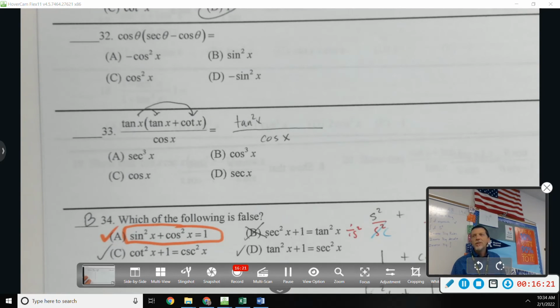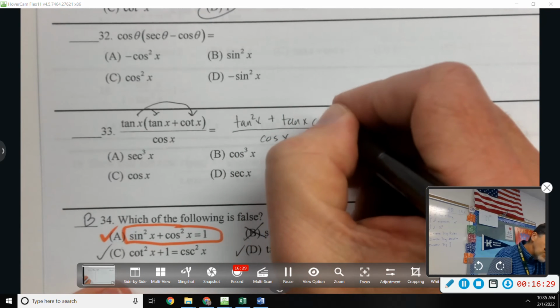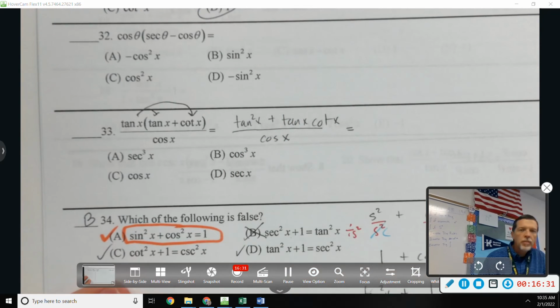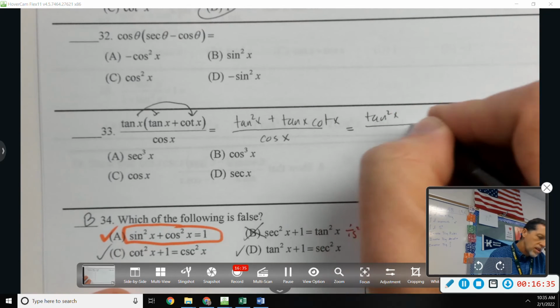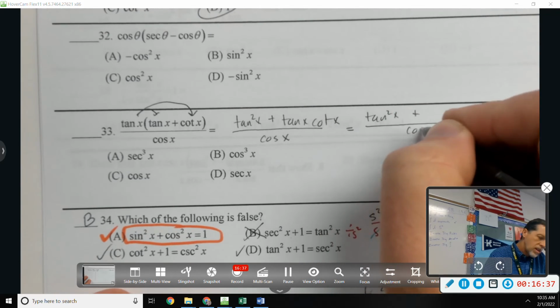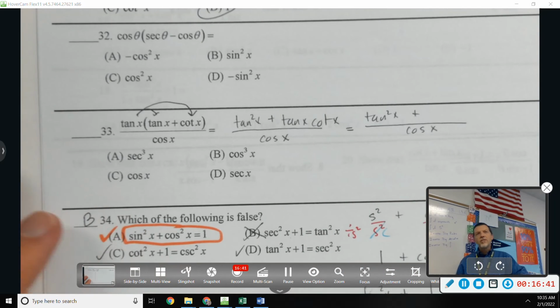Boy, if you know this, it will make life a little easier on this problem. Well, if you don't know it, then we'll have to write it out. Tangent times cotangent. How could I rewrite tangent, or how could I rewrite cotangent?